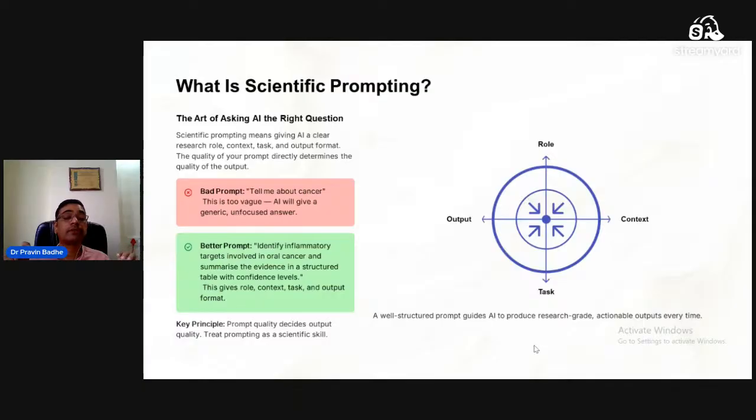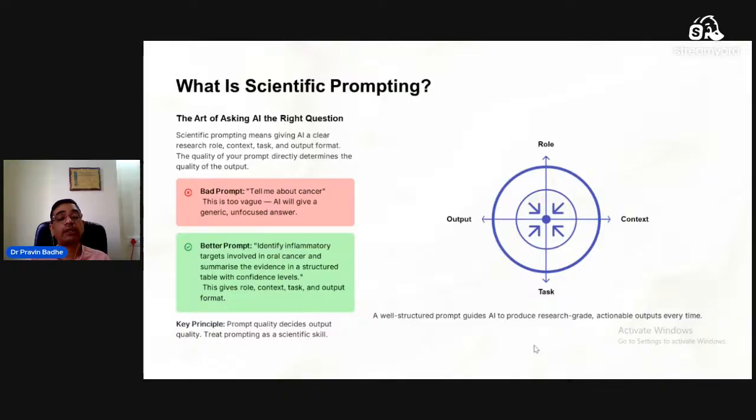That is what the LLM needs to do. Here I have not given the role, but I can say that you are a senior pharmacological researcher, or if you are working on formulation, you can say formulation. So the role will be defined.